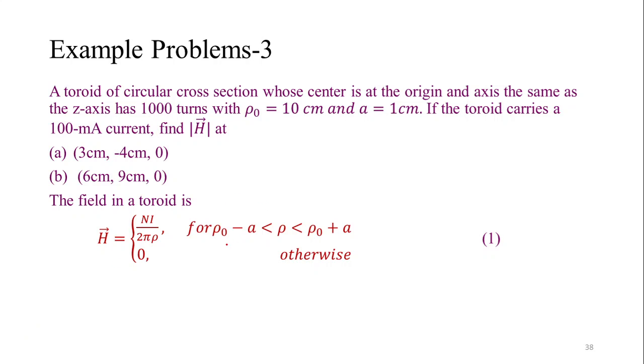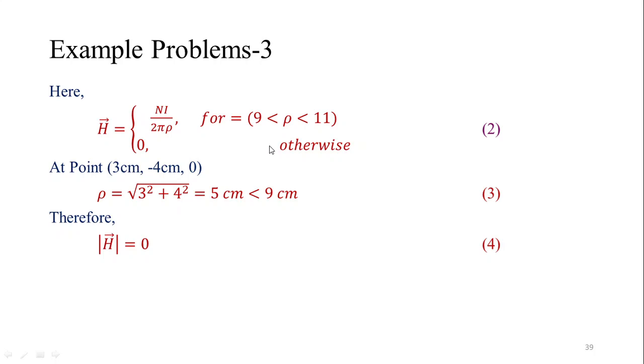Here you have NI by 2 pi rho, which is for the region rho naught minus a to rho naught plus a. Rho naught is 10 minus a, 1, so 10 minus 1, and 10 plus 1, so 9 to 11. That is, NI by 2 pi rho is for the region 9 to 11, and 0 otherwise.